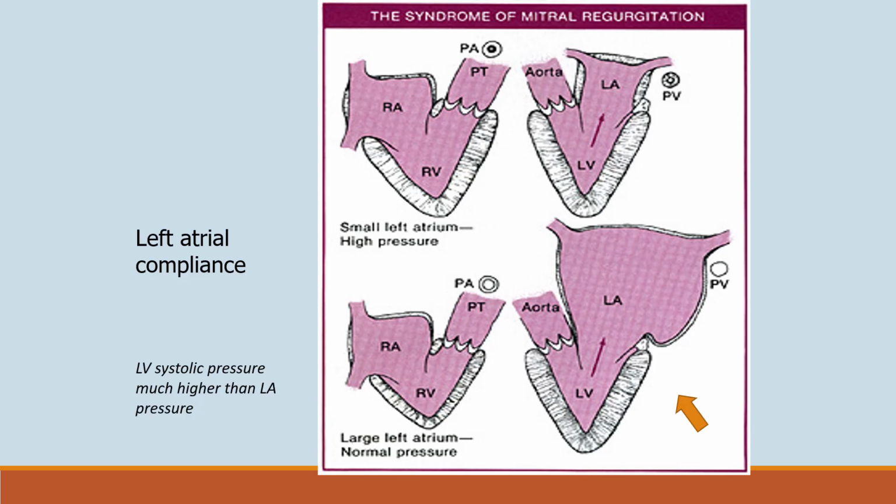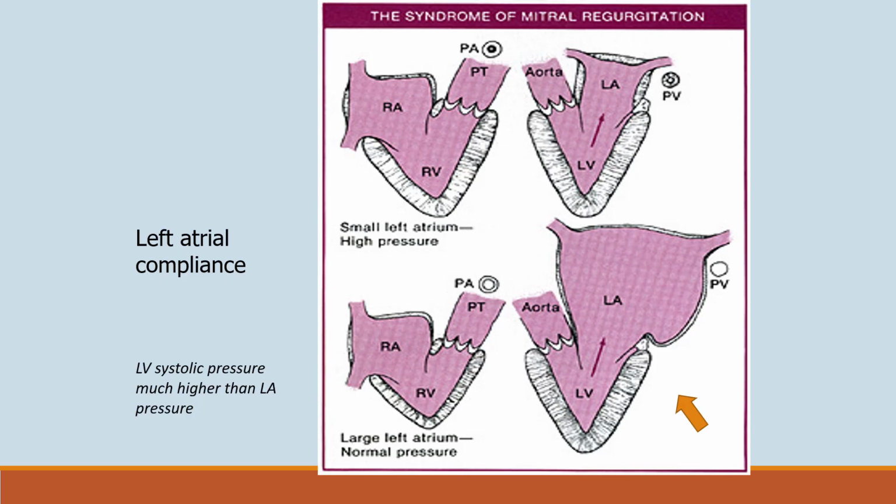Because in systole, when the blood enters from the left ventricle, and you remember that the left ventricular systolic pressure is high, around 110, 120 millimeters mercury, blood enters the left atrium under this high pressure and volume.